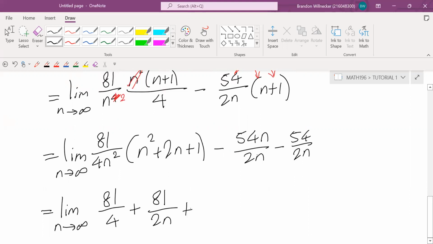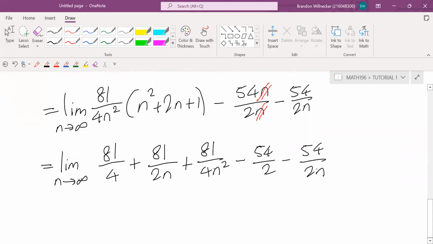And then the last term, we're going to get 81 over 4n squared, minus. So for the next term, we can cancel this n with that n. So we have minus 54 over 2, and then minus 54 over 2n. Okay.